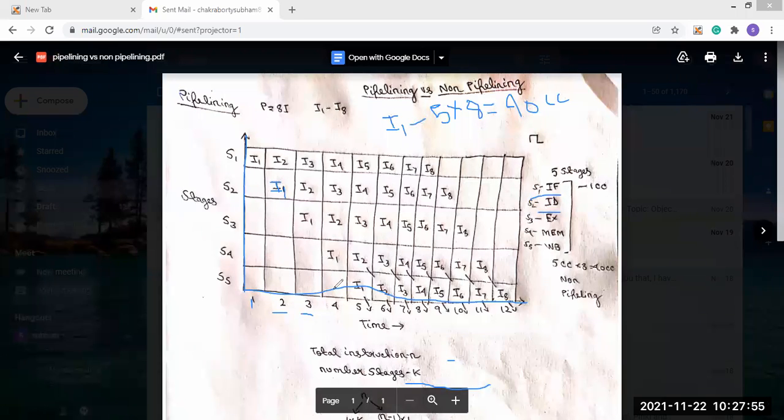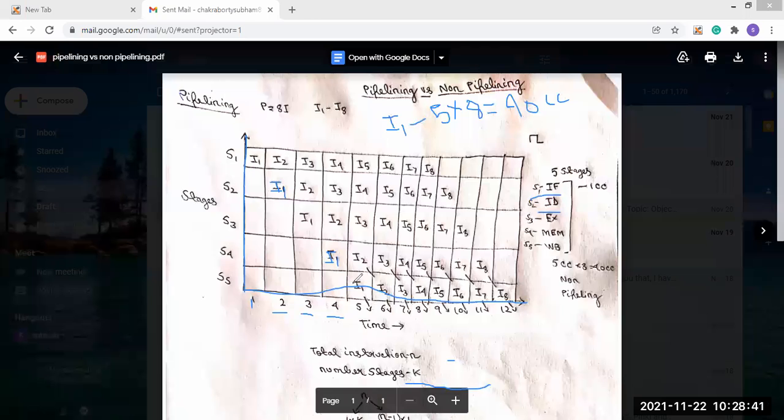In the fourth clock cycle, I1 goes to the memory stage, instruction 2 starts executing, instruction 3 starts instruction decode, and instruction 4 starts the instruction fetch.